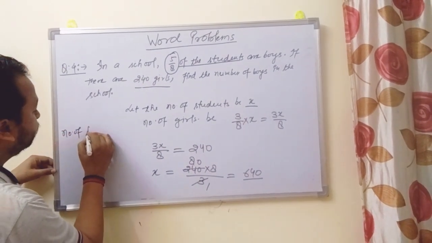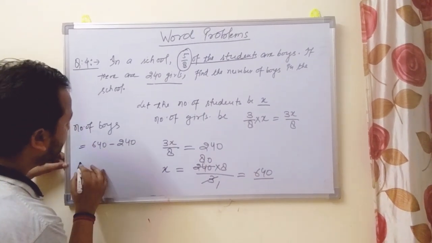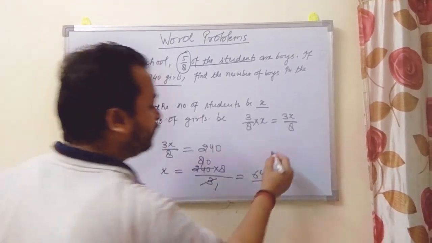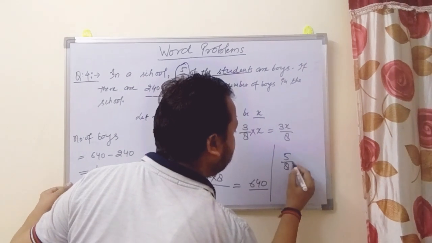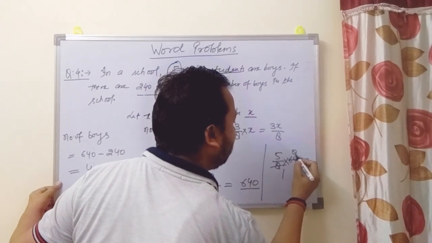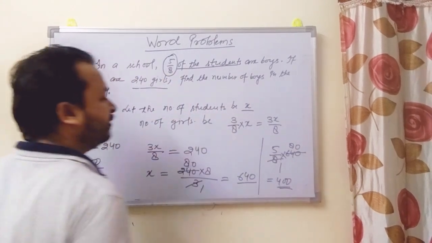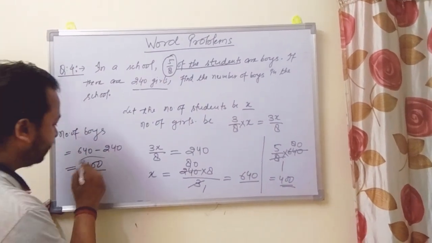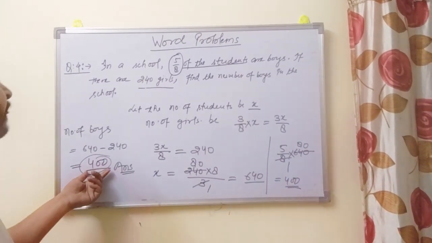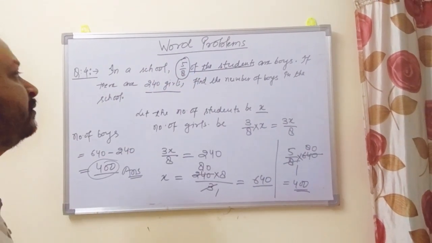So the number of boys equals 640 minus 240, that equals 400, right? Or you can also find 5 by 8 of 640: 8 eights are 64, 80, and 80 into 5 is 400, right? So this is the answer: 400 boys in the school, which are 5 by 8 in fraction.